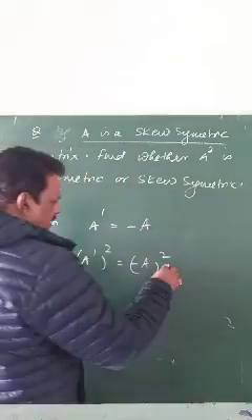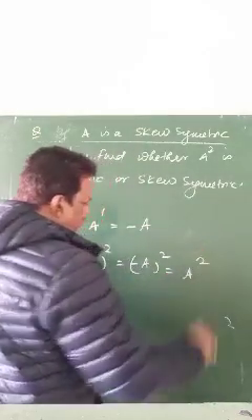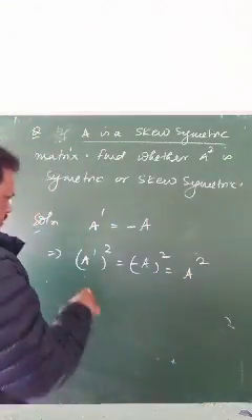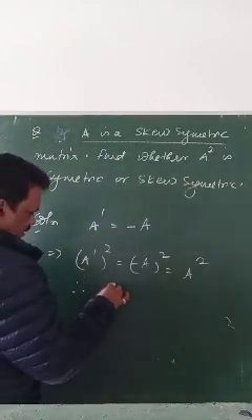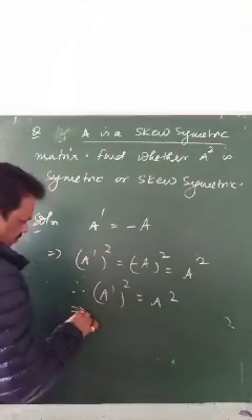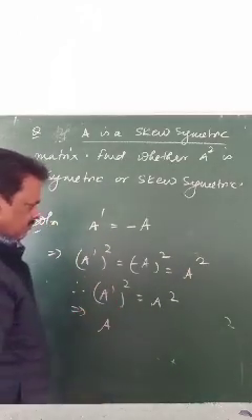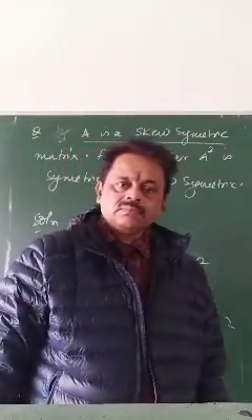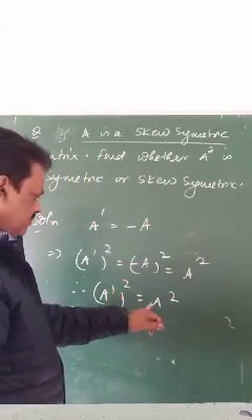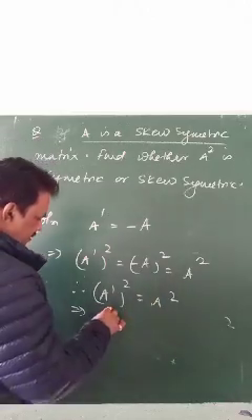Which is also A square, since negative A whole square is what? A square. That means you are getting A transpose square equals A square. This implies that if the square of a matrix is the square of its transpose, then A square is symmetric.